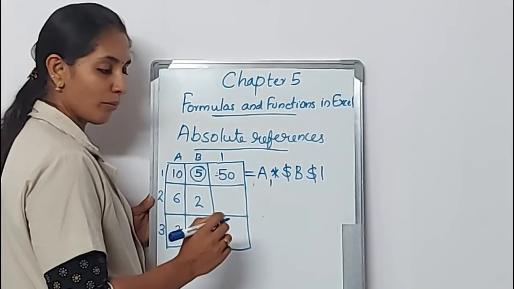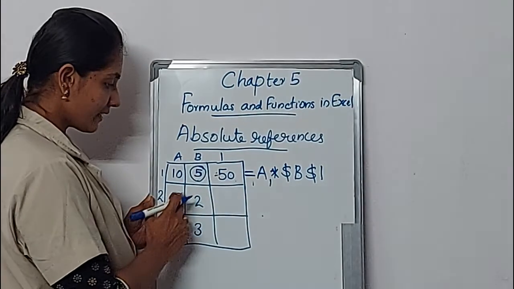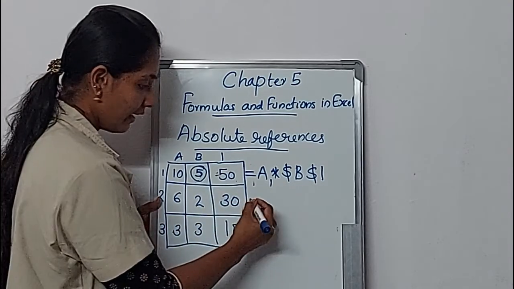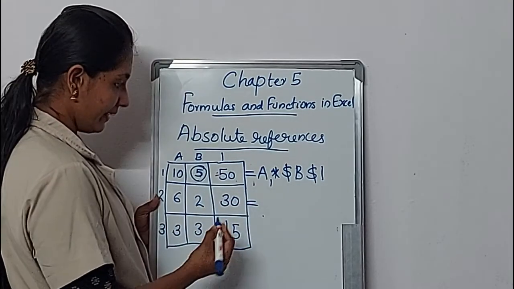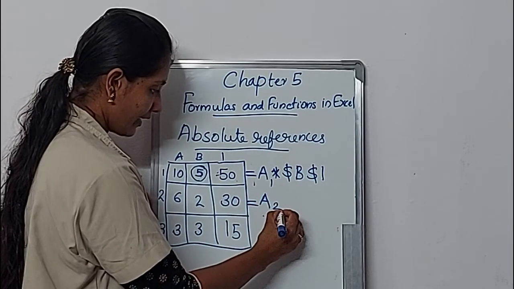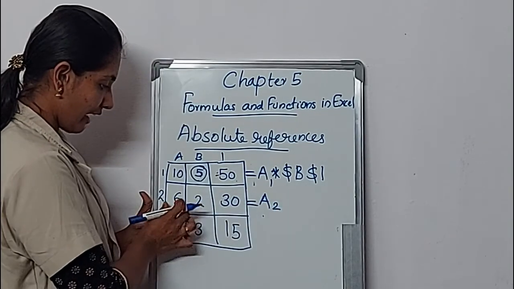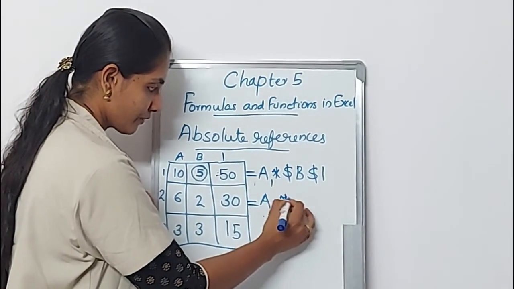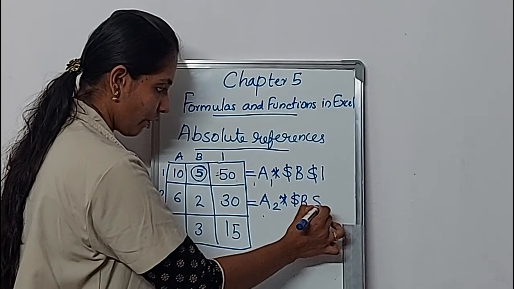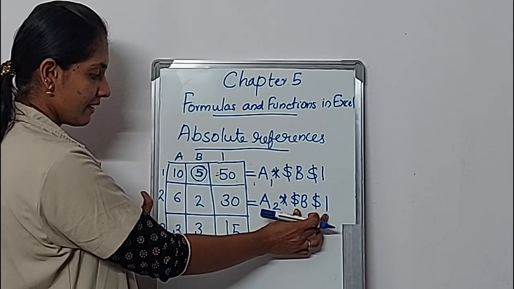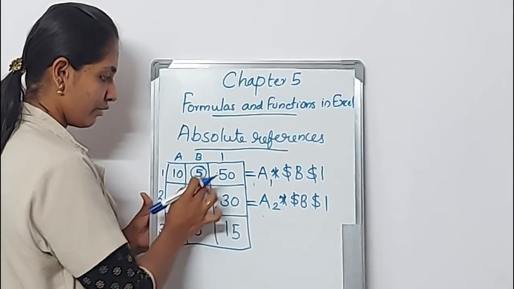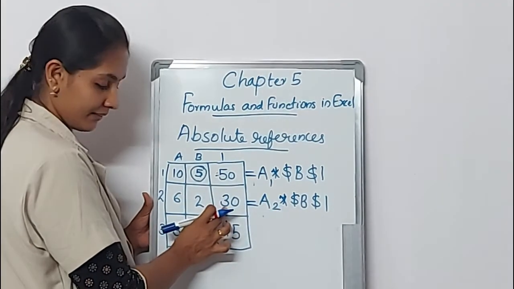After copying the formula, we will get the results 6 into 5, 30, and 3 into 5. Here the formula will be A2, the value of this cell, into $B$1. This is the cell address of B1, that is 5. 6 into 5, the result is 30.